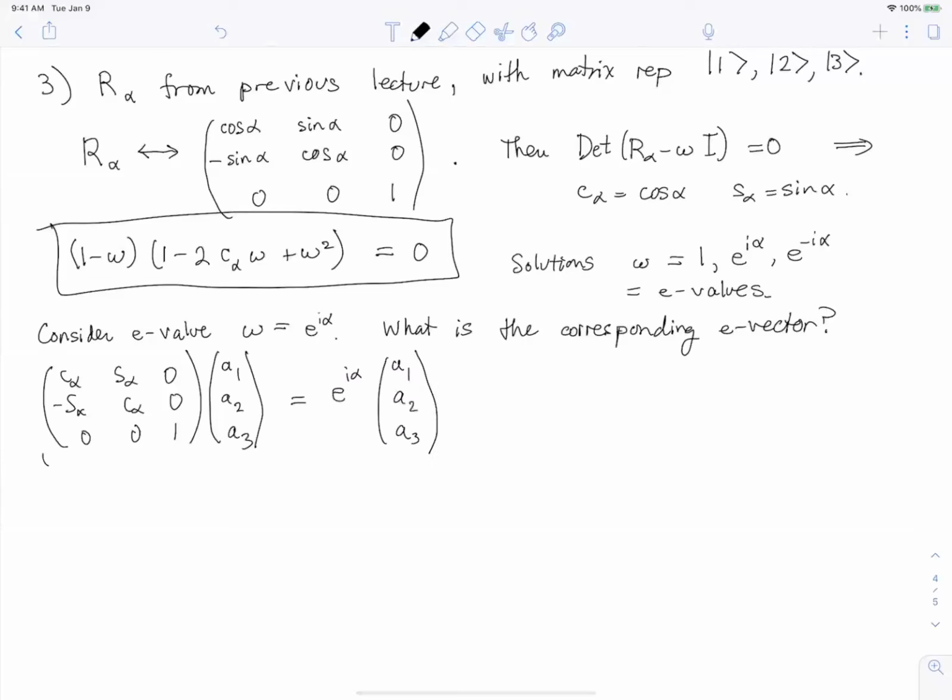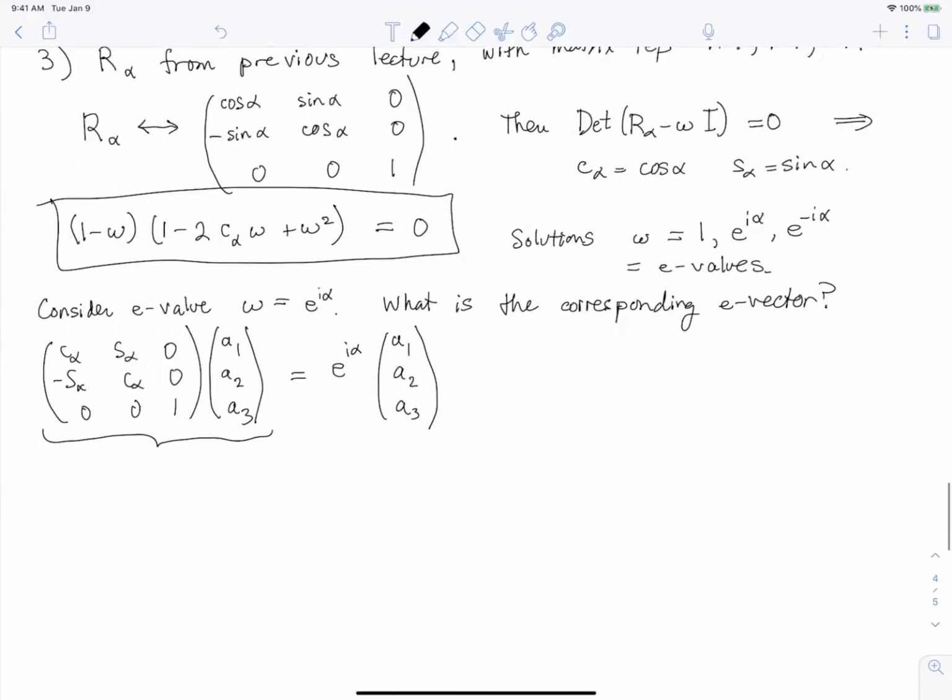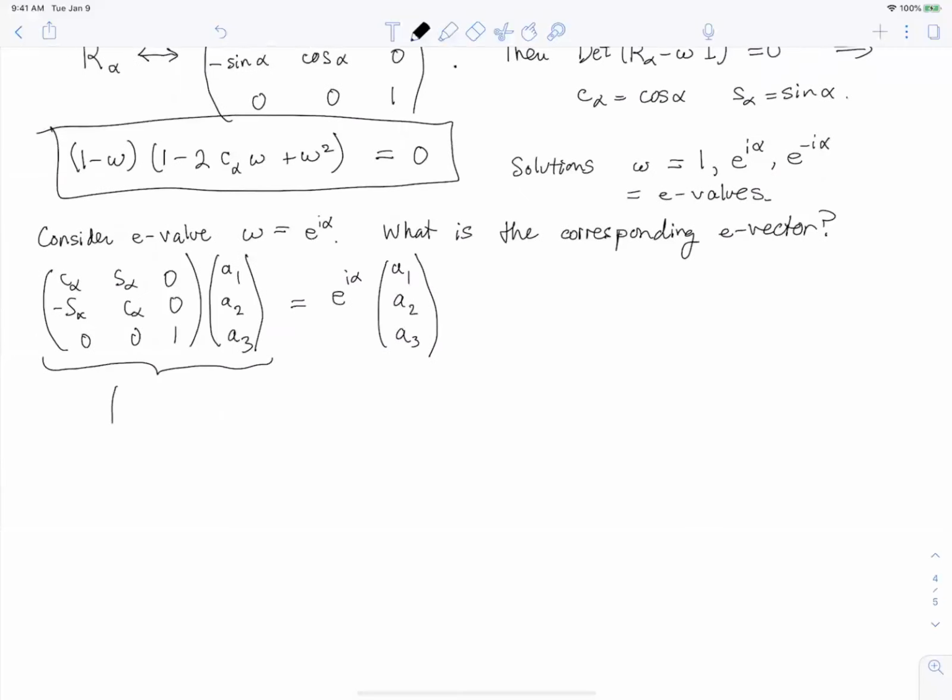So the next step is to multiply out everything on the left-hand side to get a vector. This is c alpha A1 plus s alpha A2, minus s alpha A1 plus c alpha A2, and A3, just from doing the matrix multiplication. Looking at the last entry, A3 is equal to e to the i alpha A3.